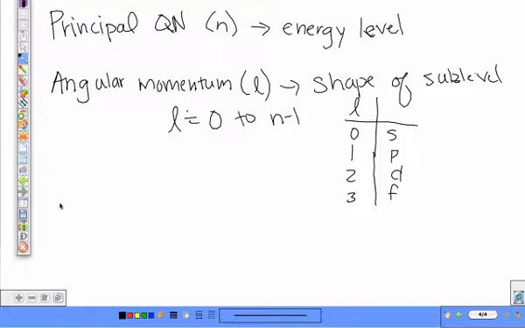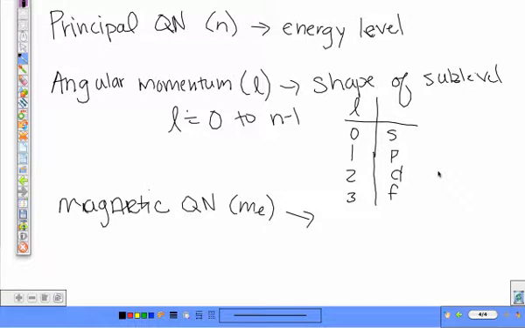Magnetic, which is ML. And what does that describe? Orientation of the orbitals.